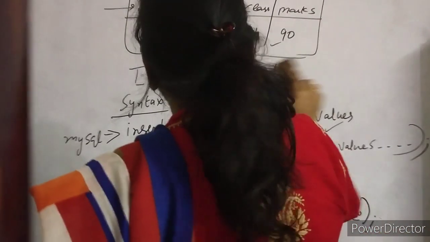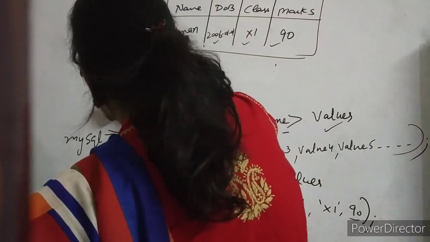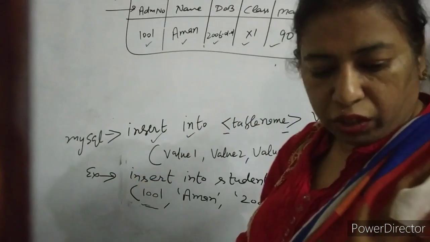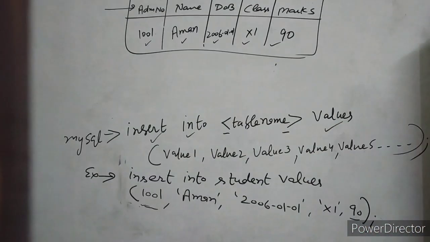Again, listen to the rule and write it down. Students are asking, do we have to write the values in quotes? I am telling the rule: where the data type is char, varchar or date, there you have to put single quotes or double quotes. On numeric columns, it is not required. Clear?